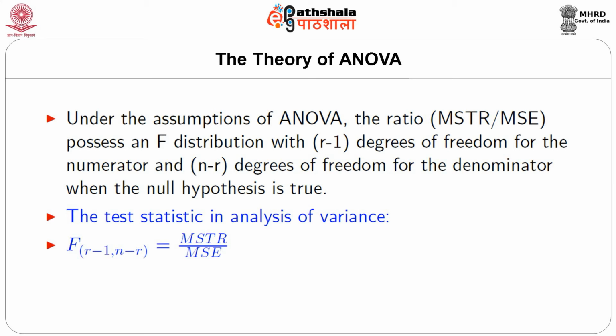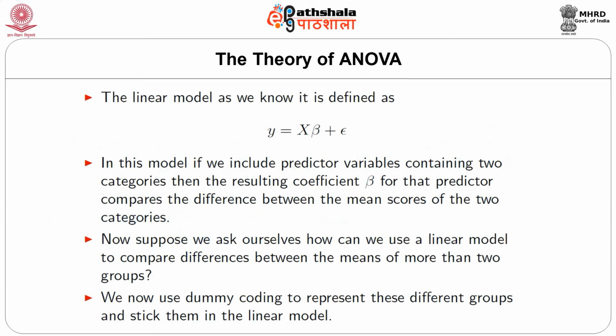If the null hypothesis is not true, then the situation is much more complicated, with non-centrality parameters coming into the picture. The test statistic in analysis of variance is F equal to MSTR by MSE. The linear model, as we know, is defined as y equal to x beta plus epsilon.